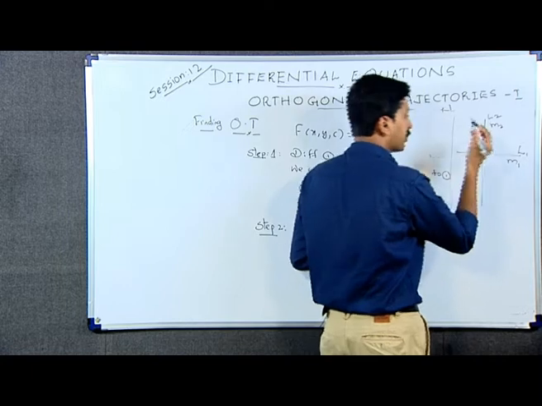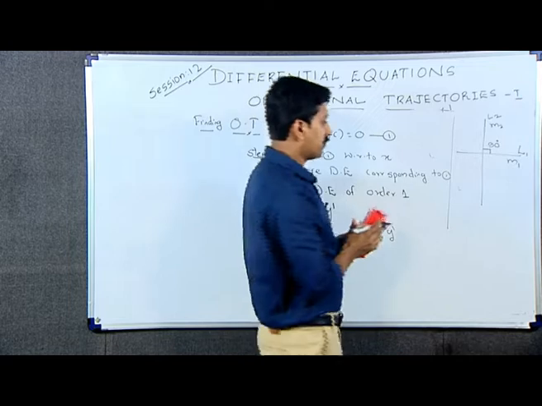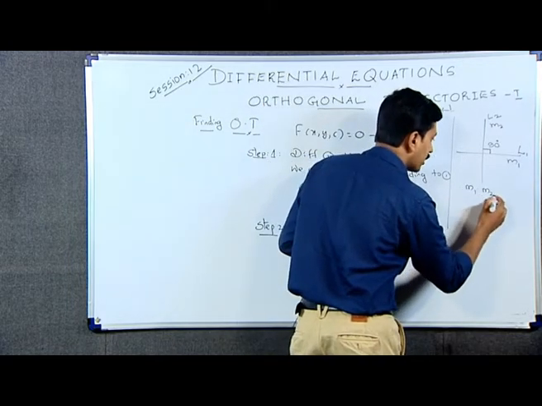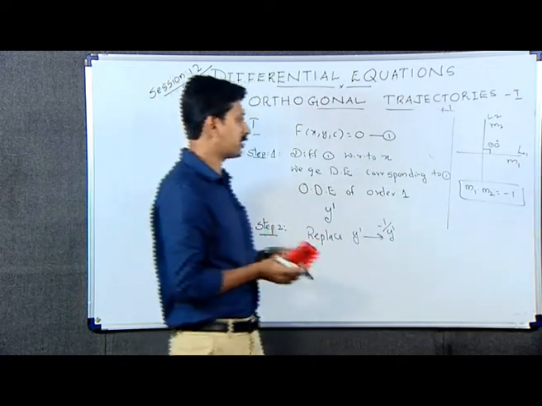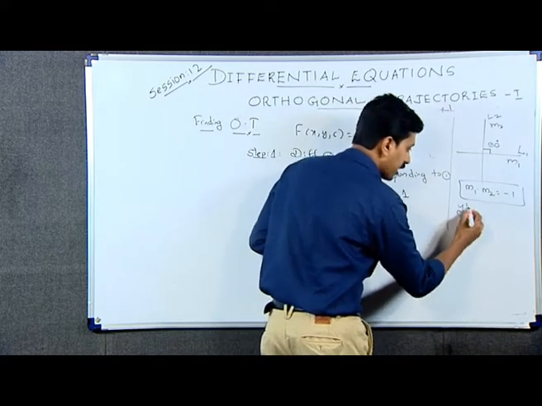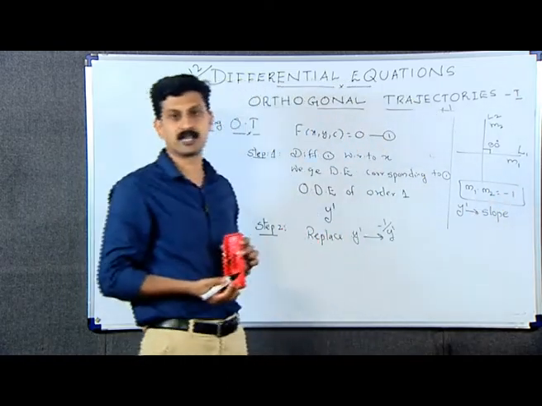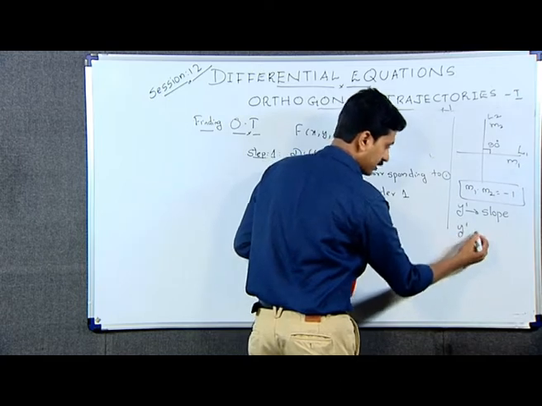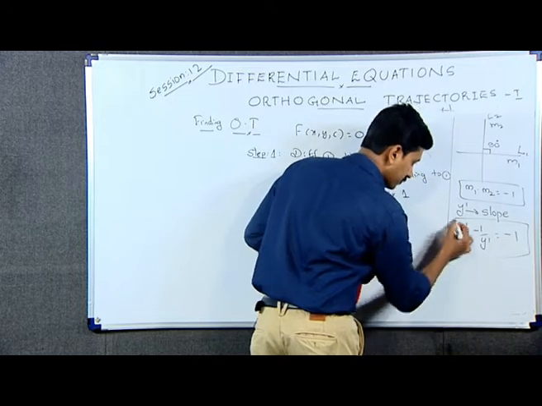If they are perpendicular, that means they create an angle of 90 degrees, and the product of their slopes m1 into m2 is equal to minus 1. We already know this, and in most applications we treat y dash as the slope of the tangent line, and y dash into minus 1 by y dash is equal to minus 1.